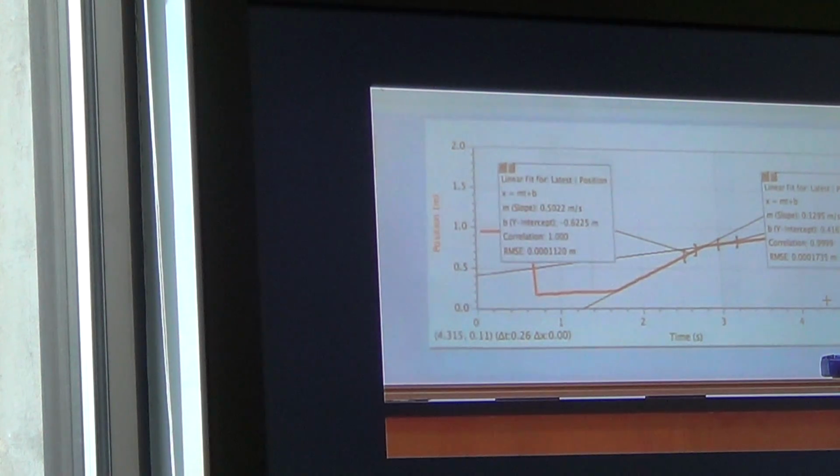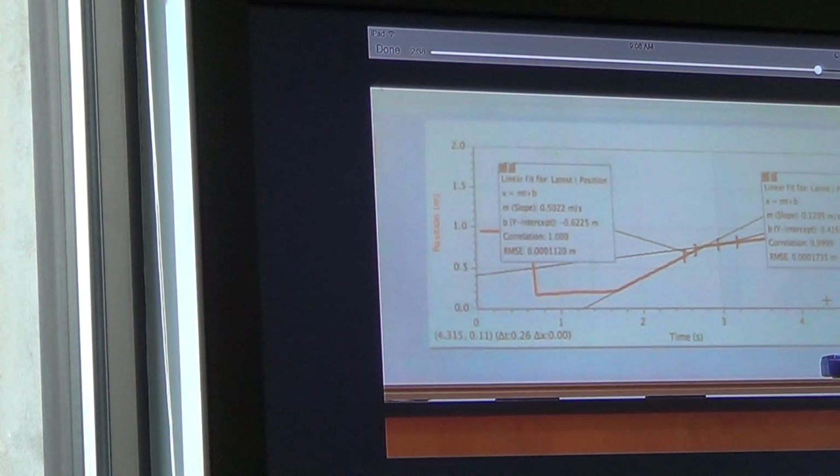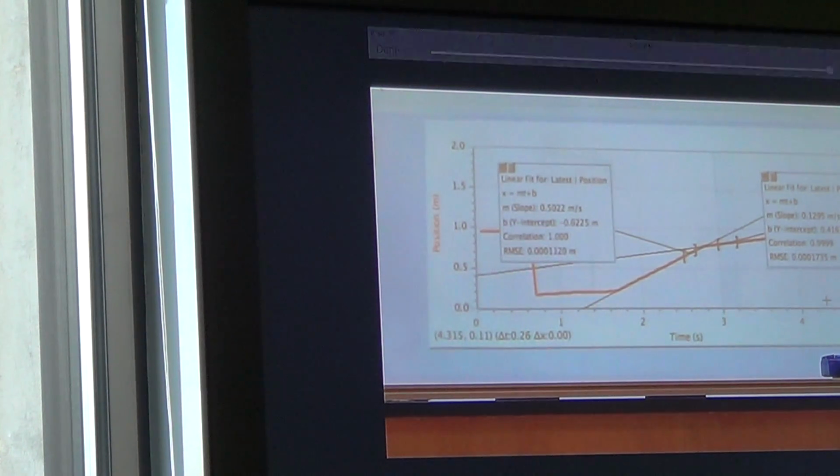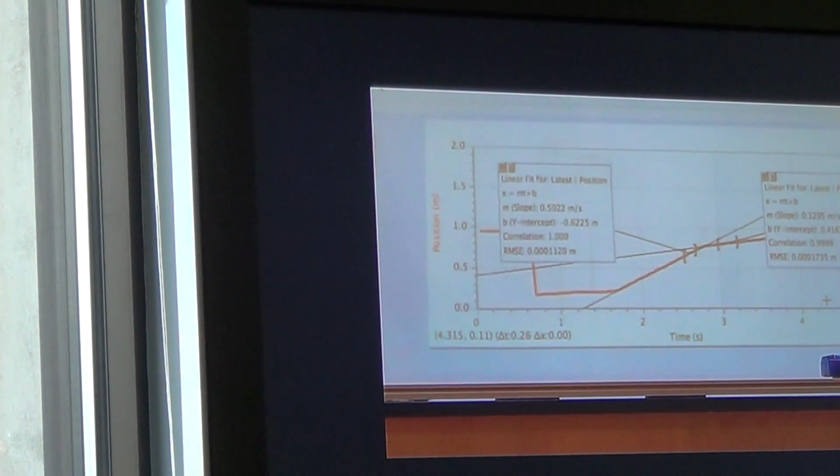Before the collision, the blue cart with a mass of m had a velocity of v, which was about 0.5022, and after collision, the total momentum was concentrated in both carts, which had a mass of 4m and was moving with a velocity of roughly 1/4 v. The 0.1295 is roughly 1/4 the 0.5022 meters per second.